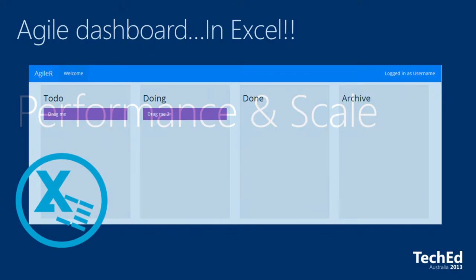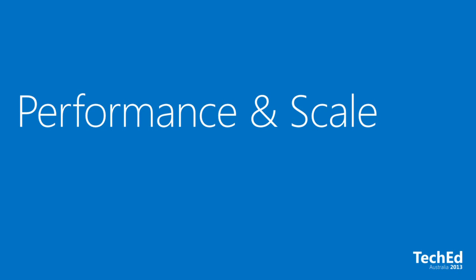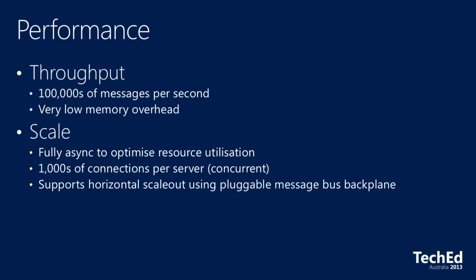Agile dashboard in Excel. Performance and scale, what does that story look like? Okay, so SignalR has really good throughput. That's hundreds of thousands of messages per second. It's got very low memory overhead because it's optimized for throughput and scale.